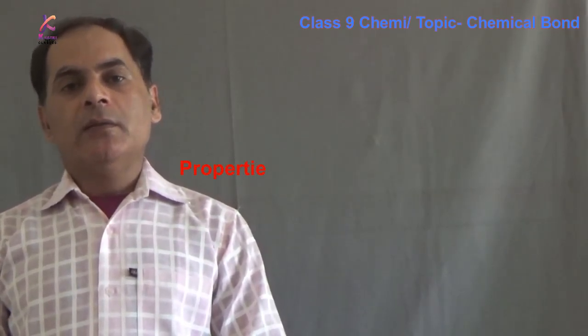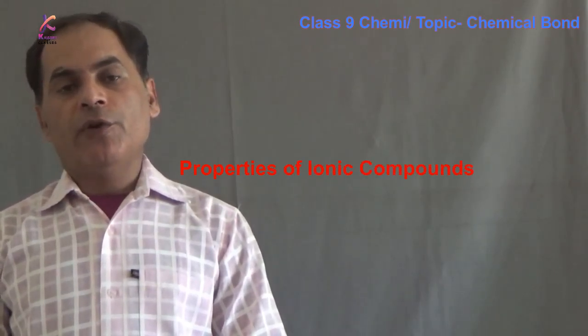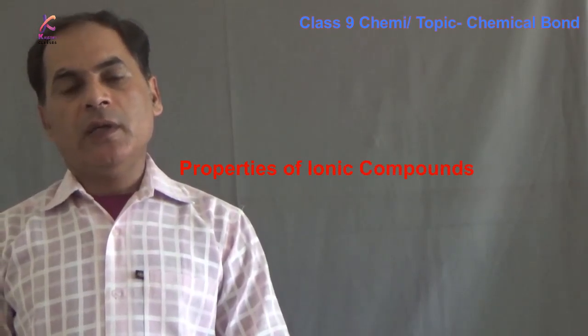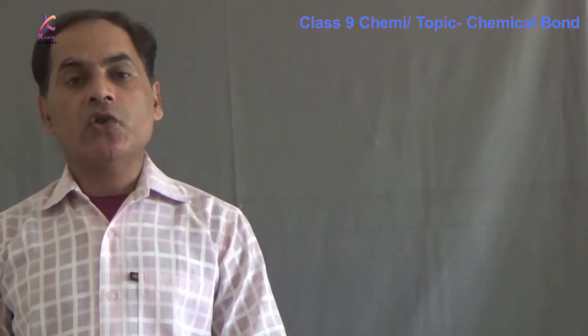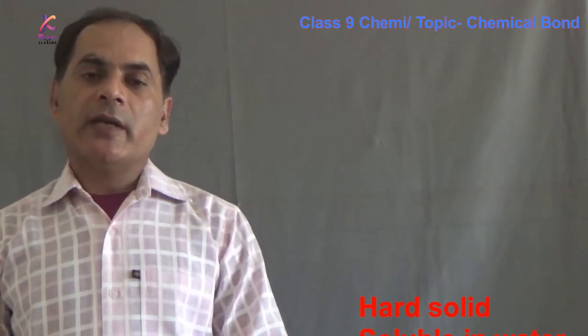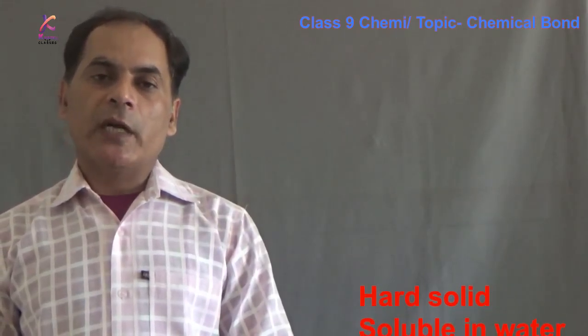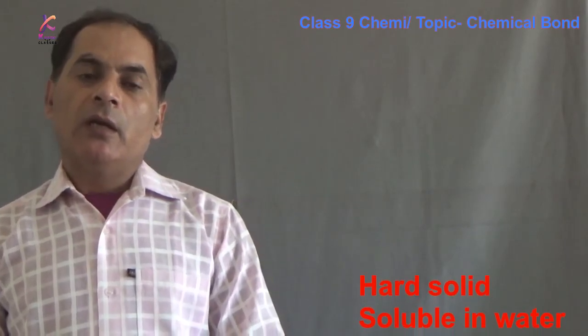The properties they attain after this kind of bond formation: first is their physical state. All ionic compounds are hard solids. They are hard solids because a strong electrostatic force is present between the ions.